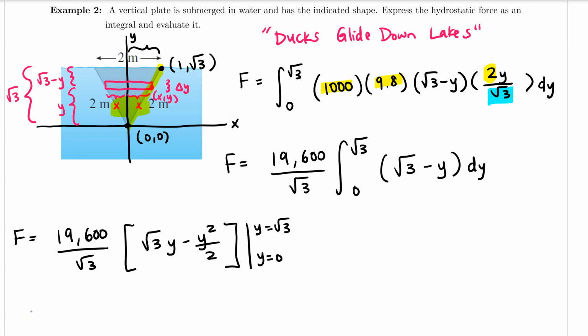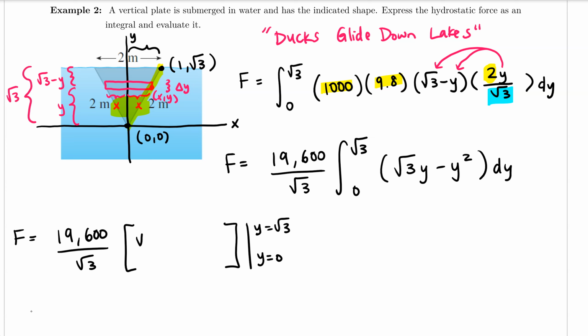Looking back, I'm realizing that I did not distribute this y in, so I'm going to go back and fix that. So I have the square root of 3 times y minus y squared dy. And when we're integrating now, this is going to be root 3 over 2 y squared minus y cubed over 3. Okay, that's looking better.